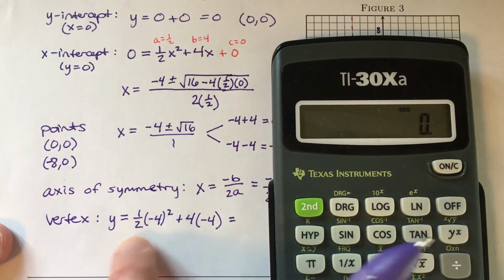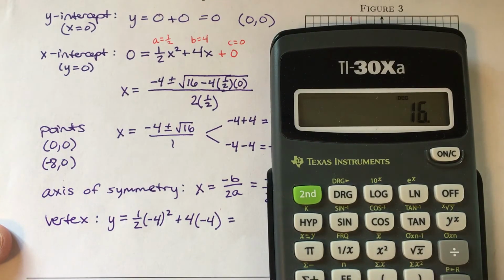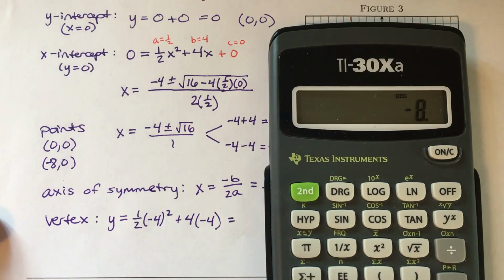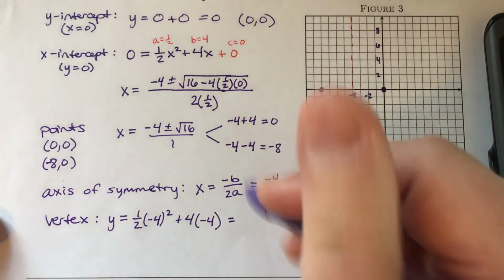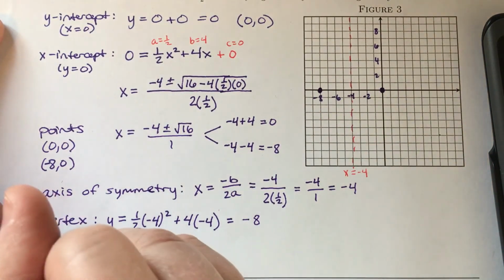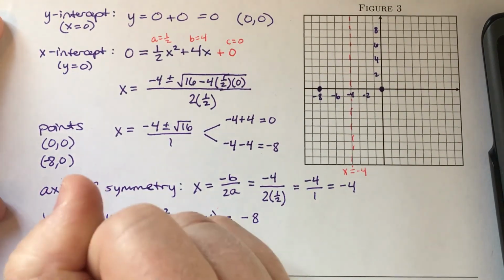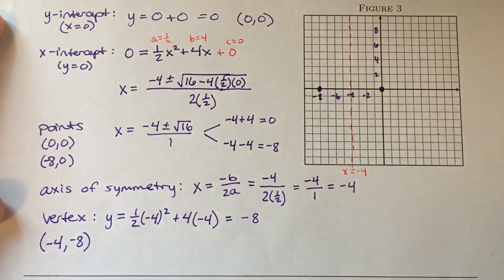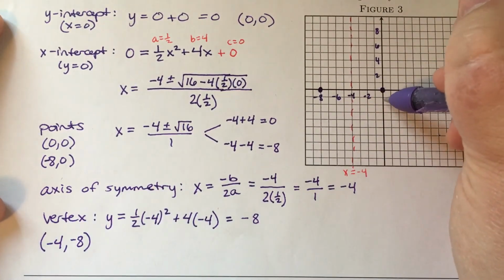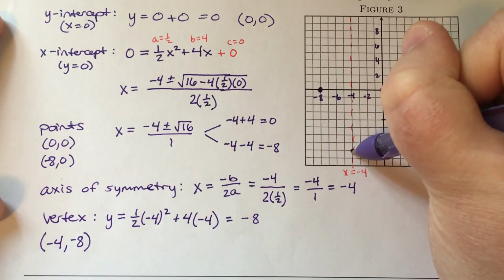If you're worried about the 1/2, type it in as 0.5. 0.5 times negative 4 squared plus 4 times negative 4 equals negative 8. So that means the vertex is the point, again, these are points, (-4, -8). So we can plot a point at that location. Negative 4, I better go down to negative 8.